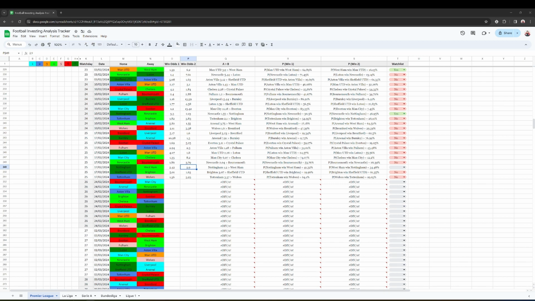So yeah, for me it's definitely lay Nottingham at those odds. So it's a yes. Nottingham against West Ham. Only one, but yeah. I think that's a good decision.